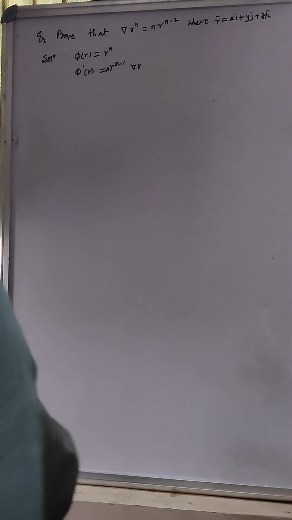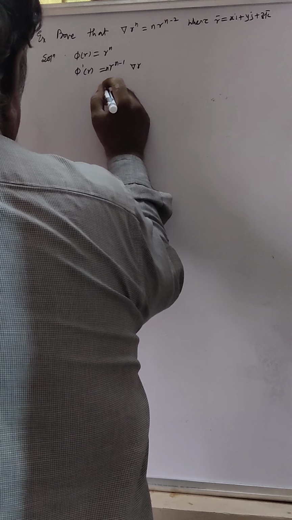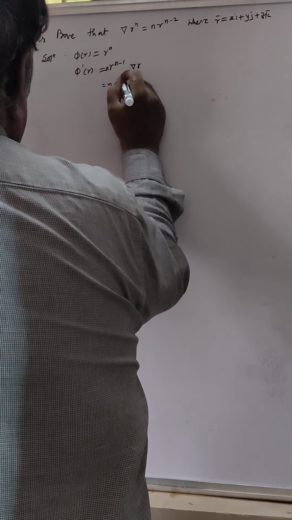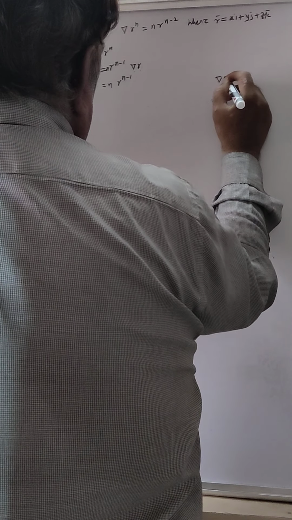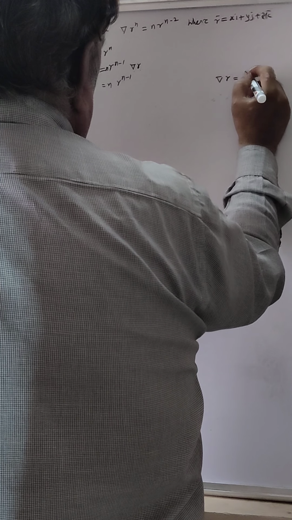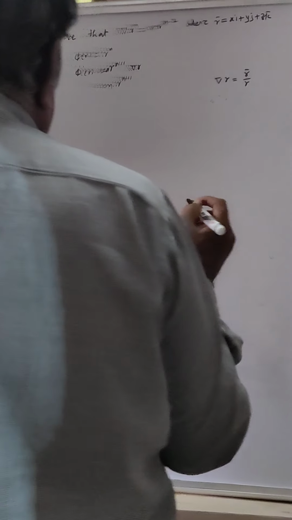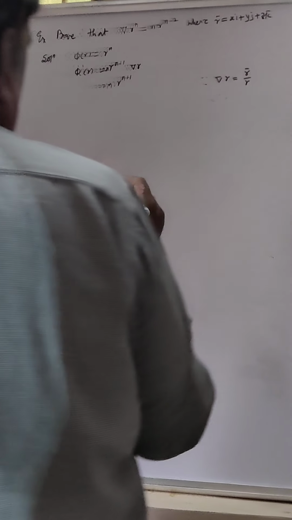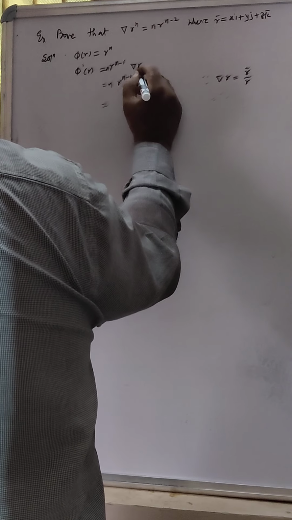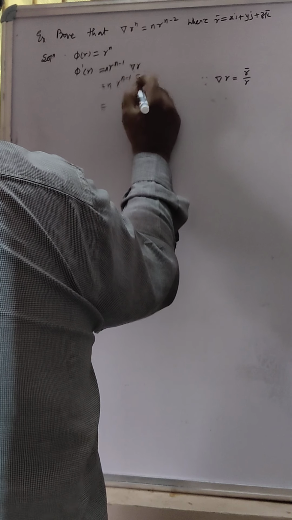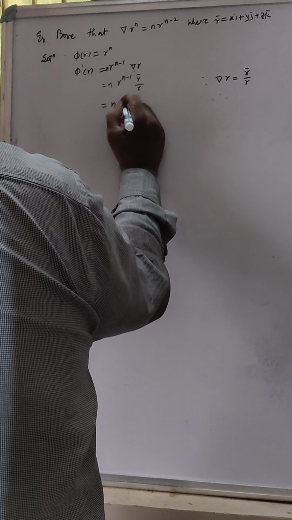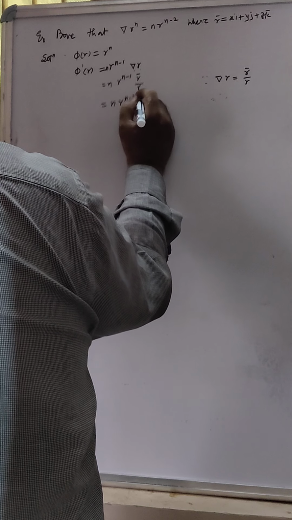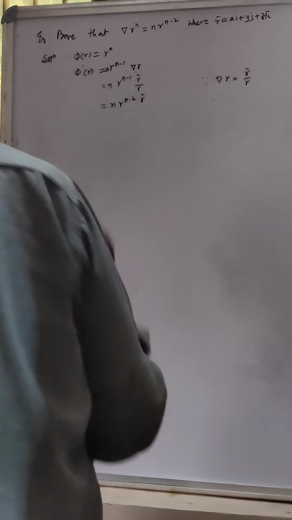Is equal to n times r raised to n minus 1. Since del r is the unit vector, r vector by r by the previous result, therefore del r is r vector upon r, is equal to n times r raised to n minus 2 by the law of indices, into r vector. Okay, we stop here.